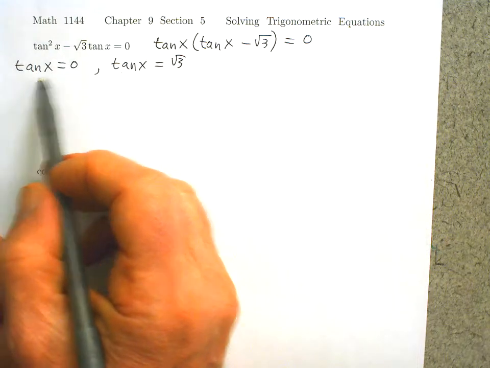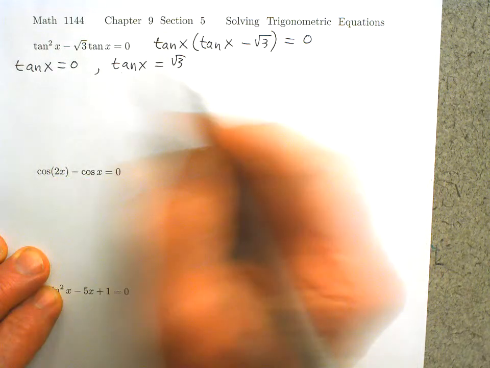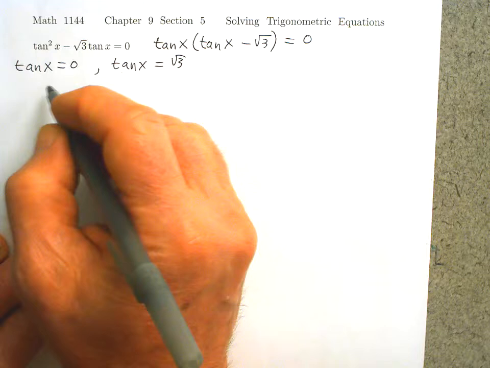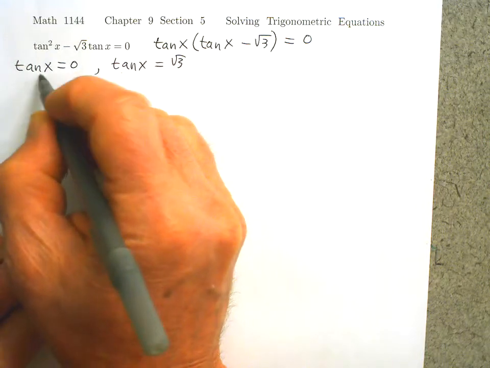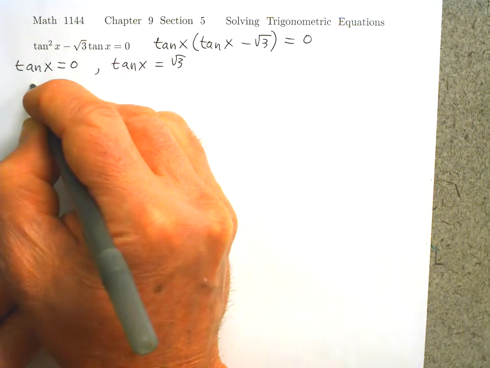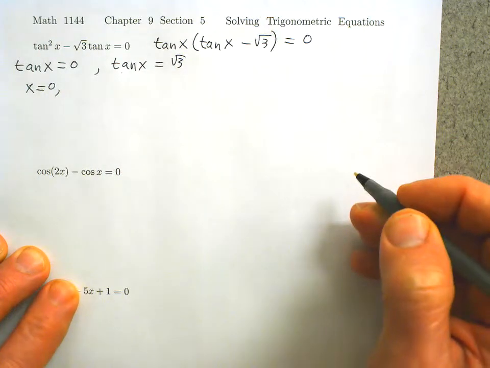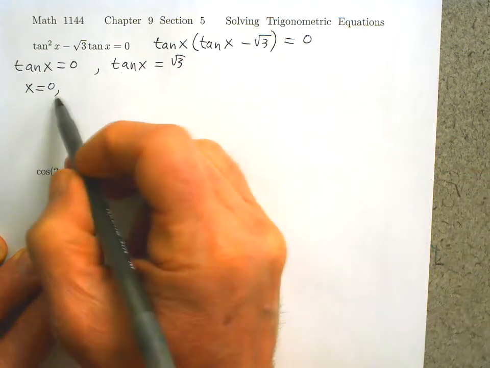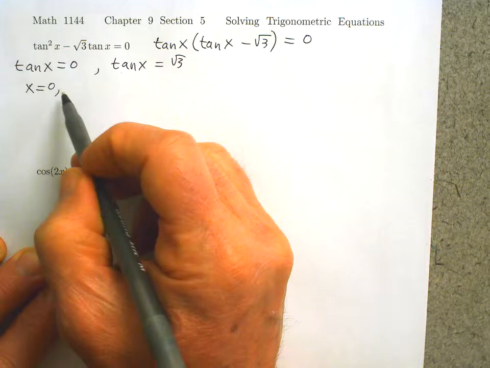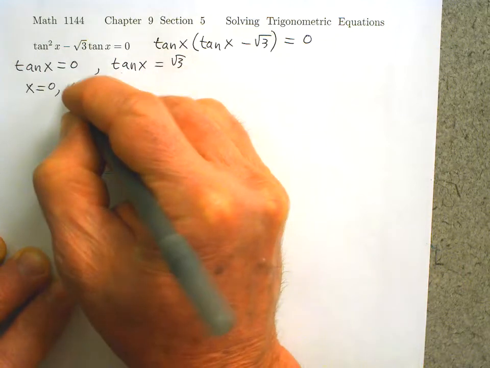And tangent of x equals 0. Well, tangent of x equals 0 when x is 0. And then tangent of x is also equal to 0 when x equals pi.